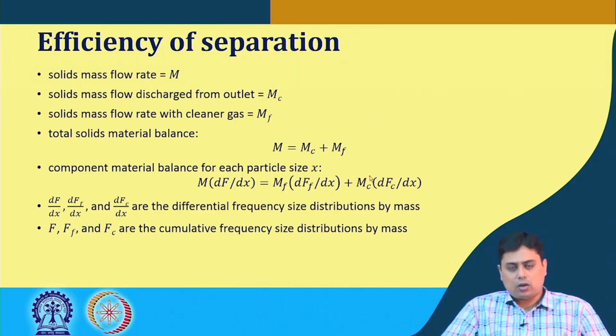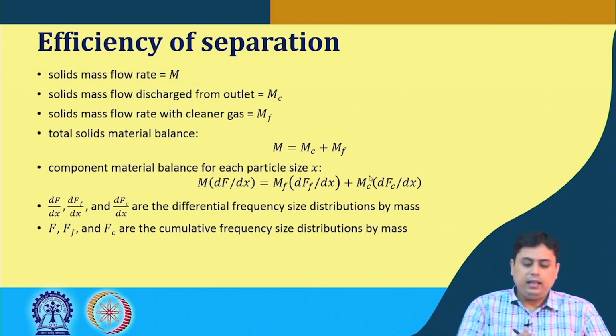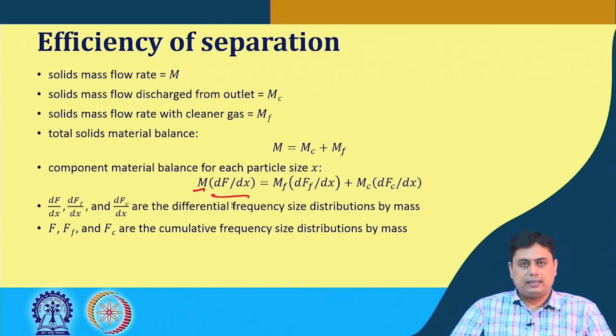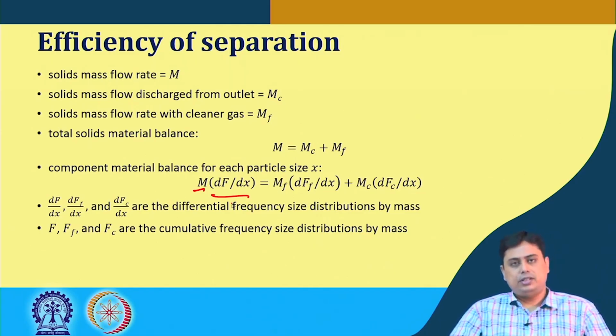So, the total solids material balance is MC plus MF equals M, and the component material balance for each particle of size x is M multiplied by dF by dx, where dF by dx is the differential size frequency distribution by mass of the total mass flow rate.